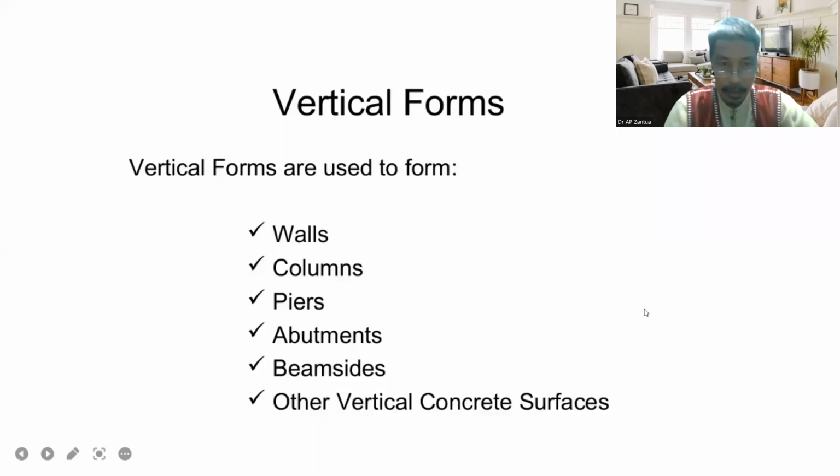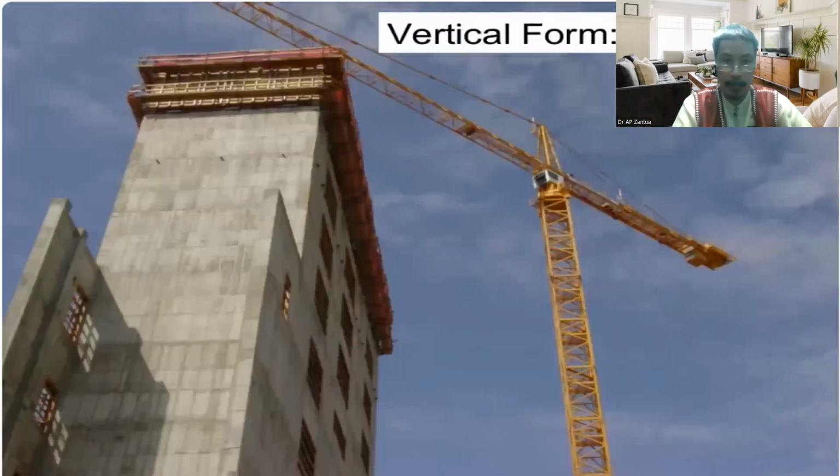Vertical forms are used to form walls, columns, piers, abutments, beam sides, and other vertical concrete surfaces. So these are the examples. Those red-colored portions are the formworks.